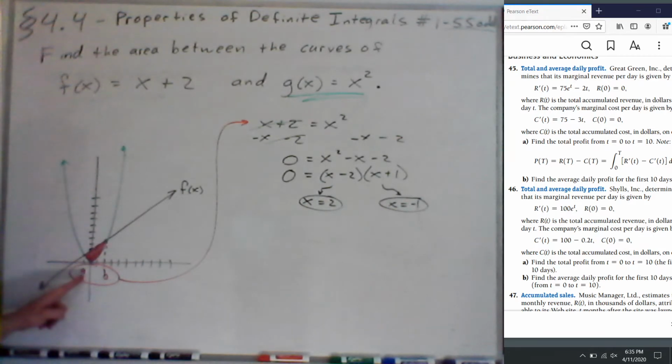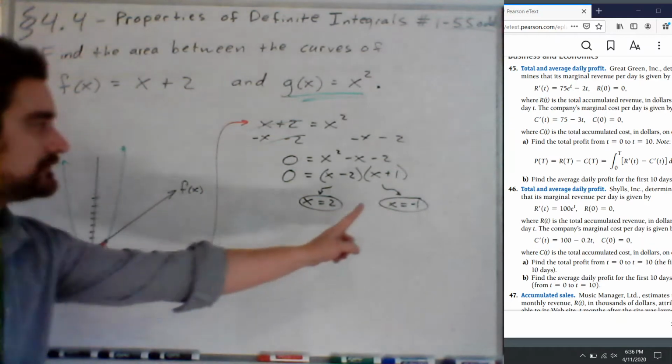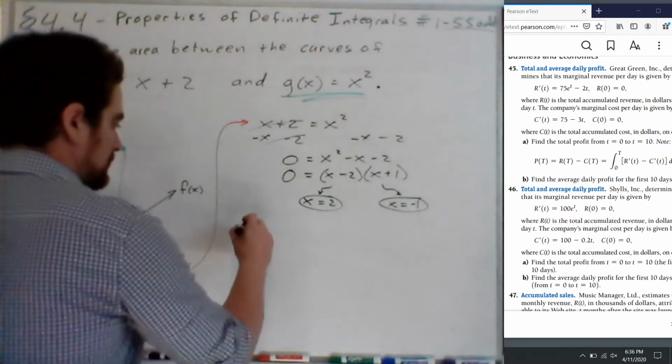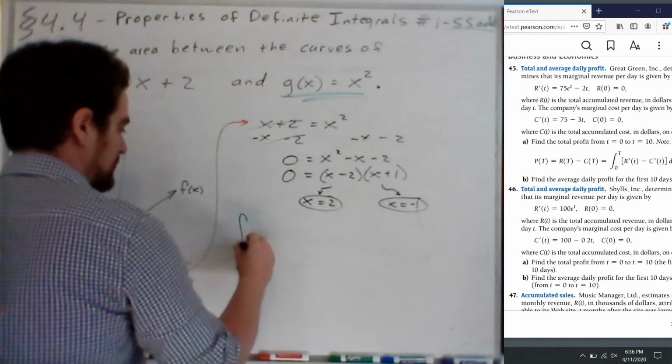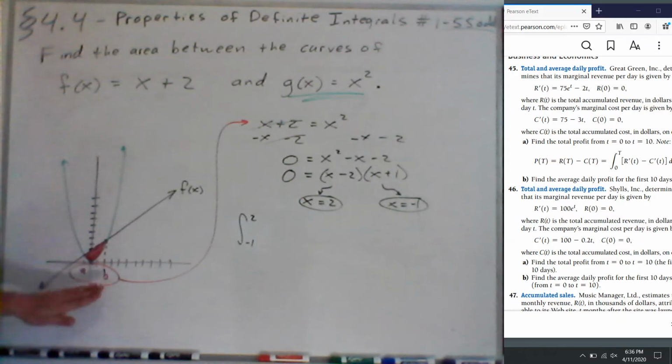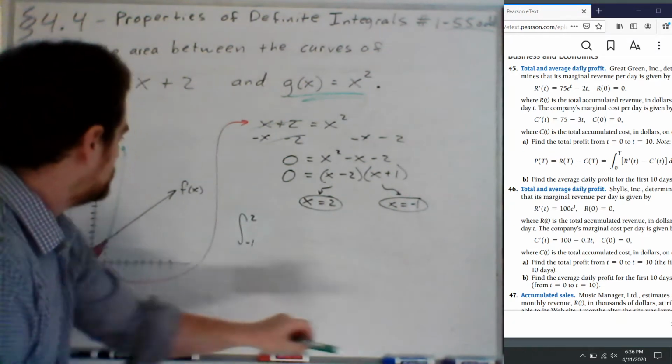Now we've just found the numbers that we need. We need to find this area, so I need to start at negative 1 and stop at 2. So now I know I need to integrate from negative 1 to positive 2. The upper function is f of x.